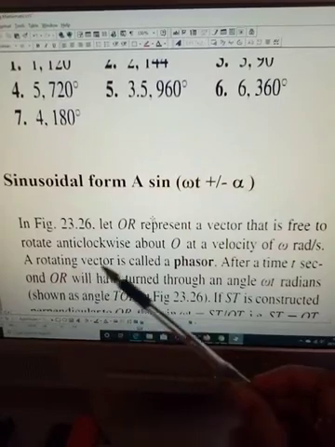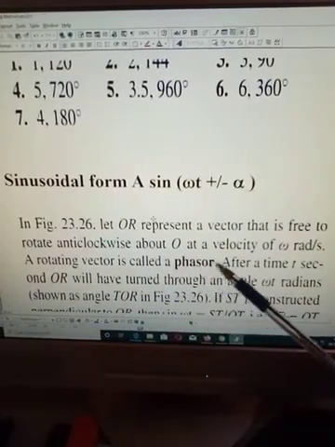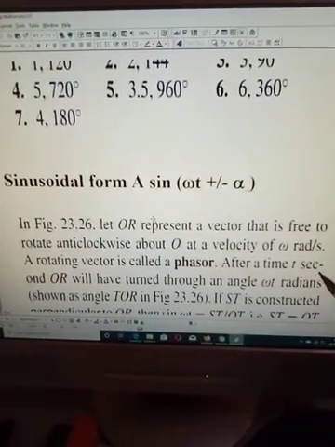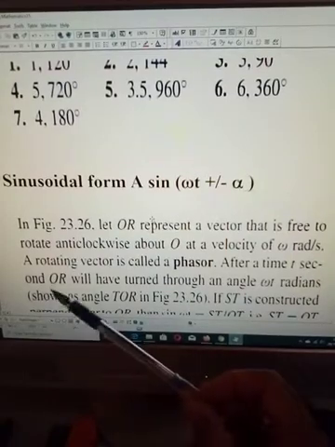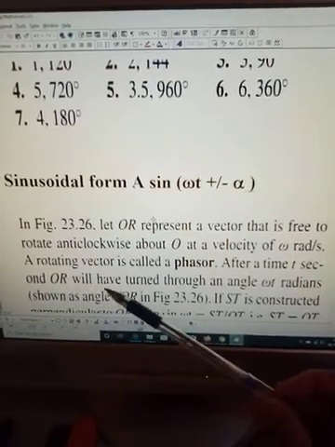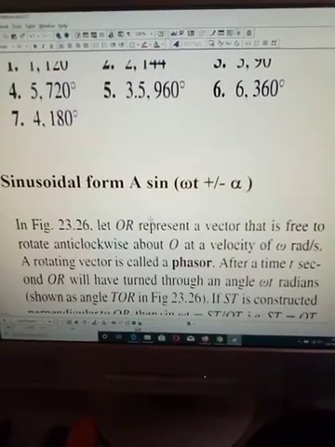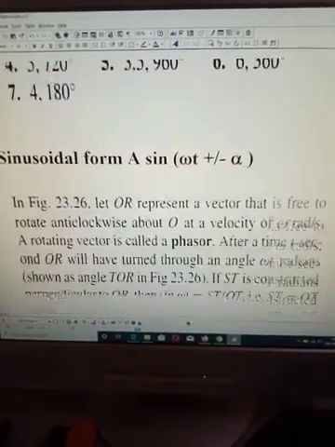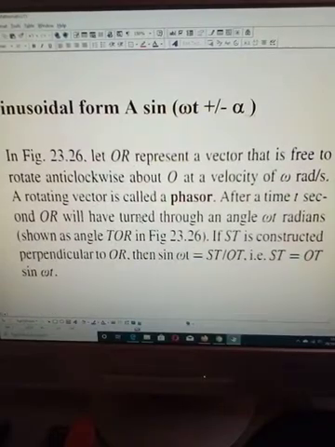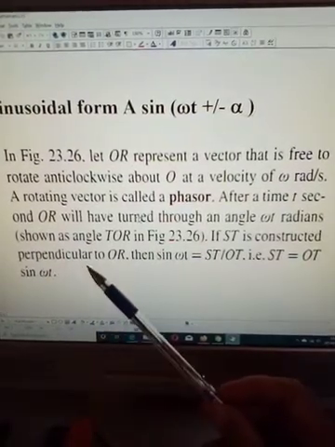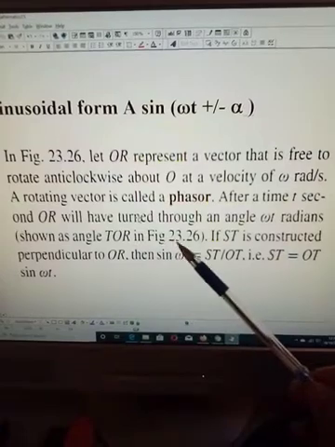A rotating vector is called a phasor. After a time, t seconds, OR will have turned through an angle omega t radians, shown as angle TOR in figure 23.26.